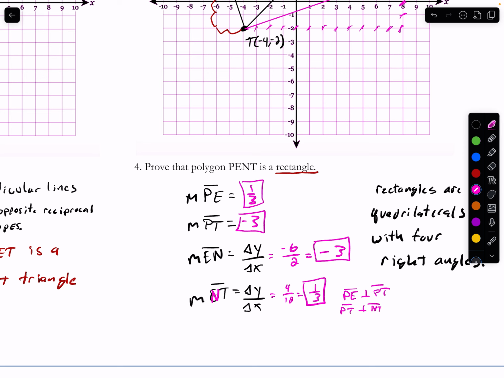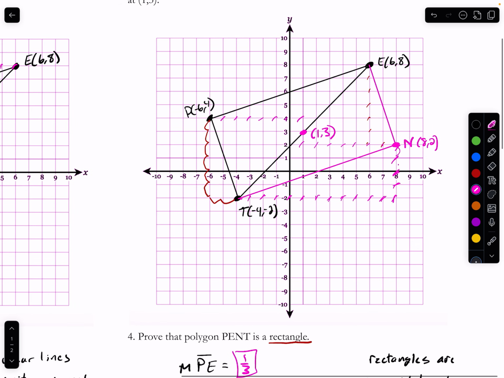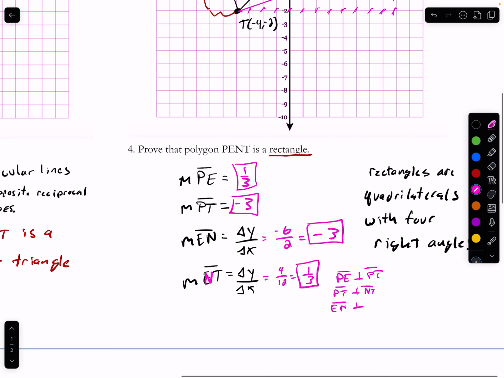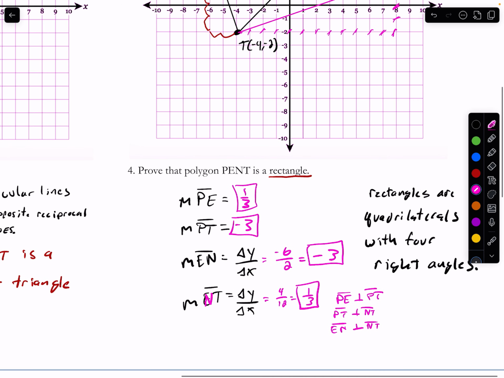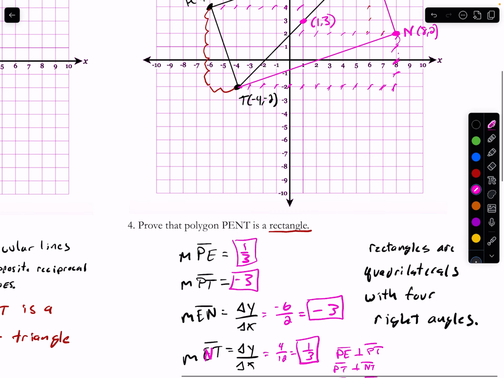There's another right angle. We can say that EN is perpendicular, if we go up here, EN is perpendicular to NT. And then our last one, we've got PE.